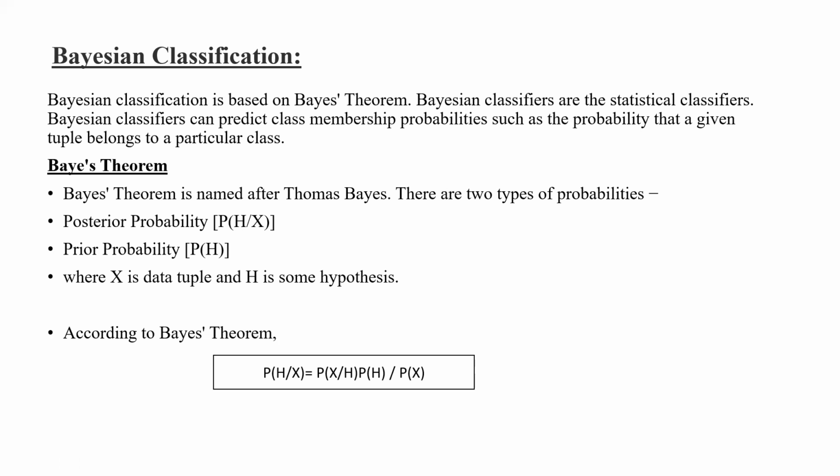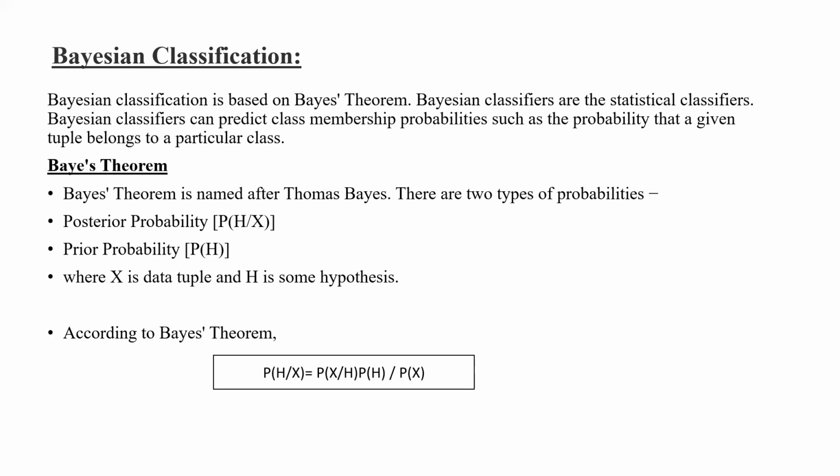There are two types of probabilities: one is the posterior probability, another is the prior probability. P(H|X) is the posterior probability, or a posteriori probability, where H is conditioned on X. For example, suppose we have a world of data tuples confined to customers described by their age and income.